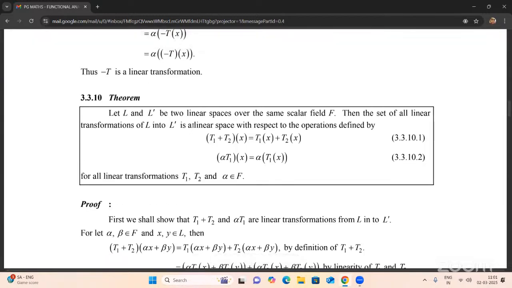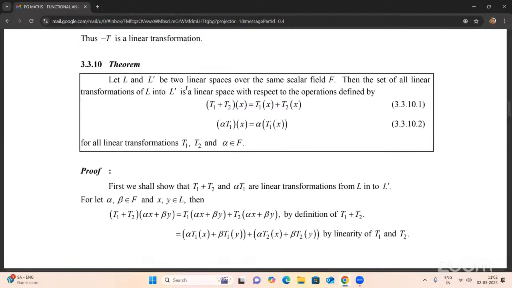Students, listen carefully. Up to this content, it is clearly observed here that these are important points. The zero and identity transformations are also linear transformations, and the image of an inverse, the negative transformation, is also a linear transformation.